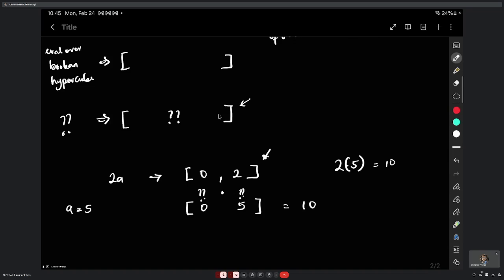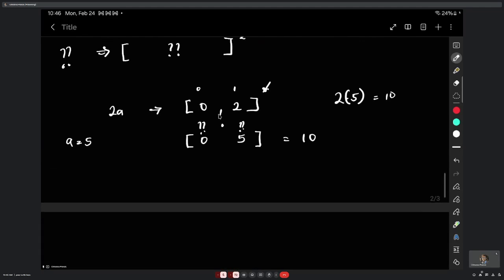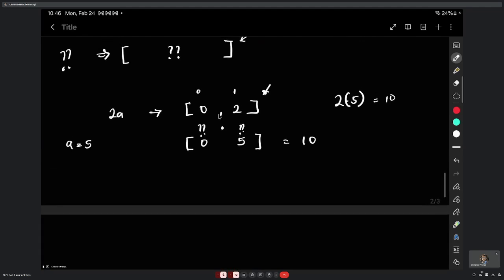Then the tau value that you're evaluating at is 5. So that's like saying tau to the 0, tau to the 1. It's the second array.